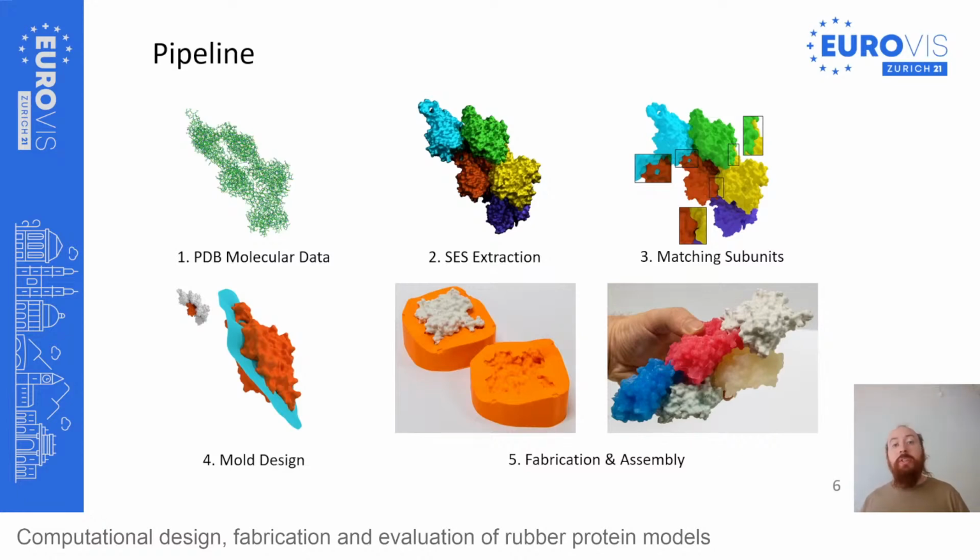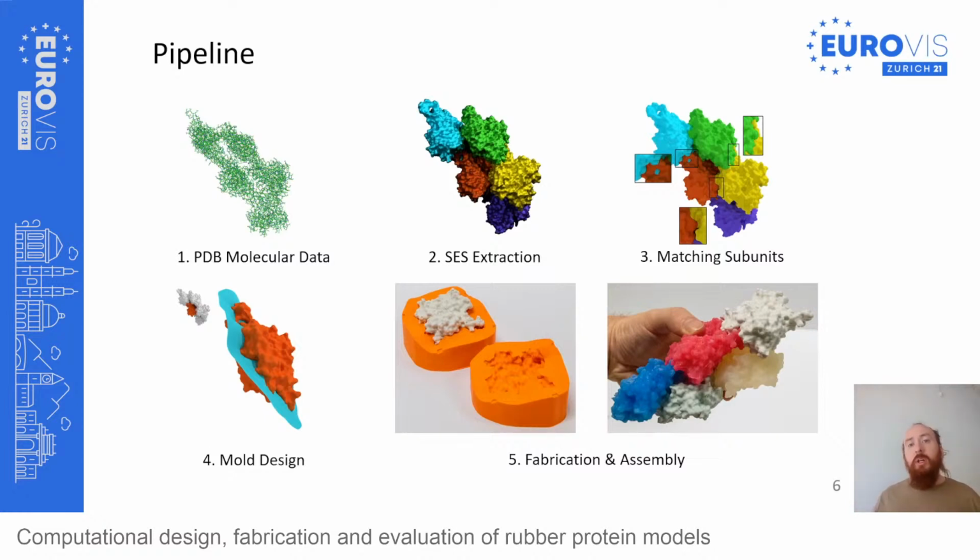Then, since we are interested in really matching the interactions between the different subunits, this concept of binding or interaction between two subunits in an assembly, we want to make sure that all the surfaces correctly match together, and so we apply this matching subunit step.